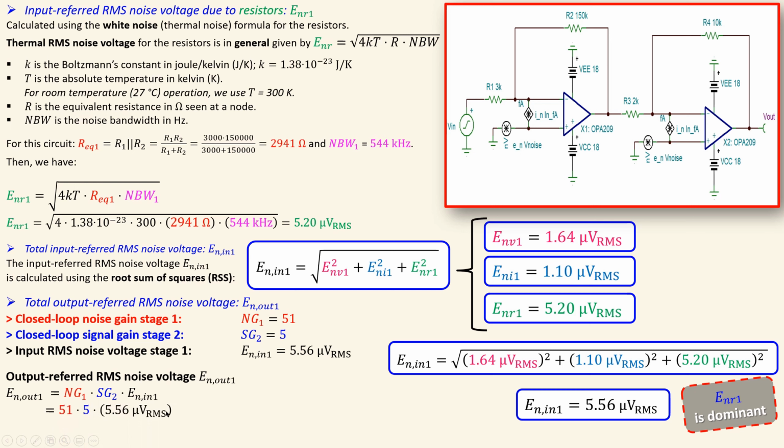Substituting the values, you will have 51 times 5 times that 5.56 microvolts RMS, and then you will have 1.42 millivolts RMS due to the first stage only. So this stage will contribute this much noise voltage at the complete output. That's for the first stage. Again, in summary, we have this output noise voltage due to the first stage.